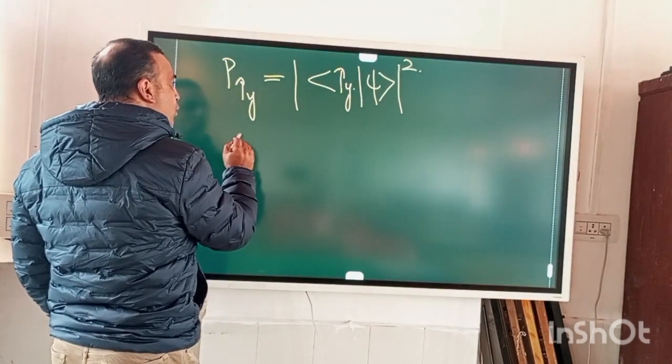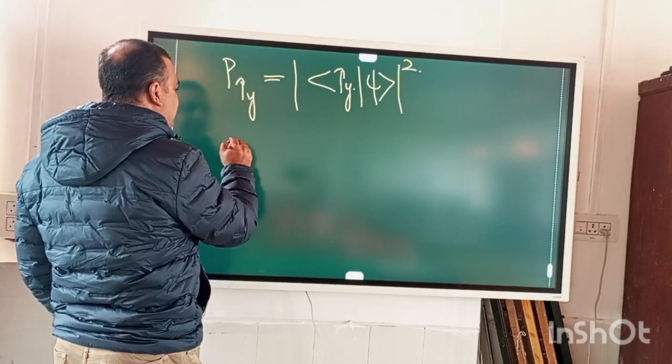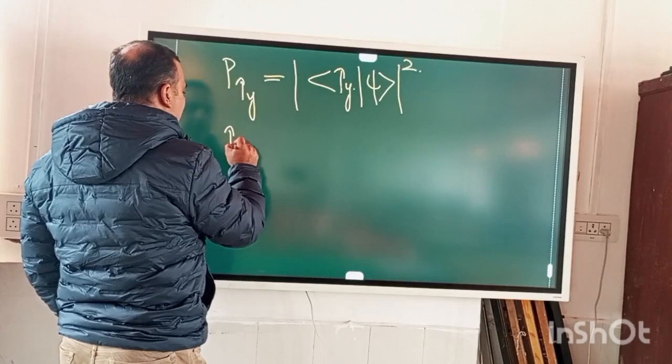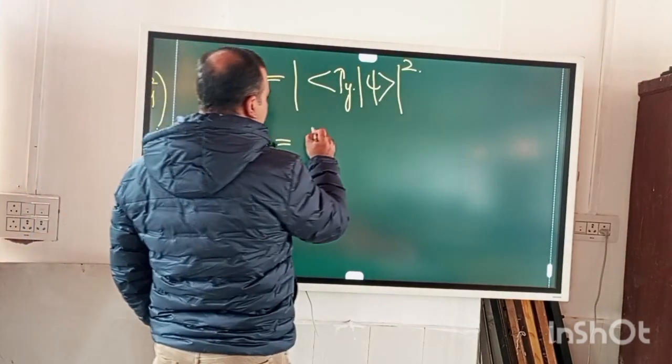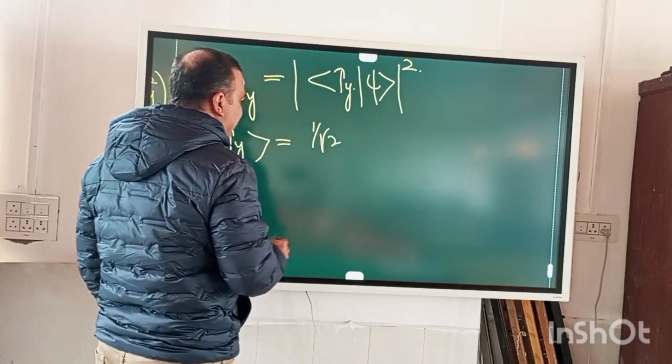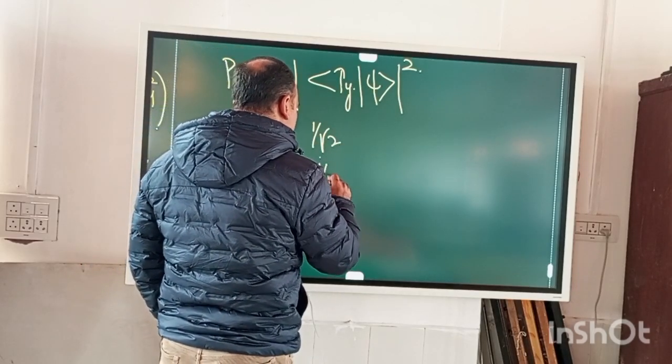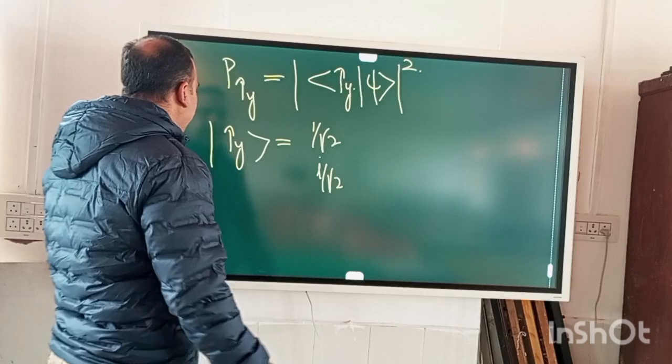As we know from our reference, spin up along y is 1 by root 2 and then i by root 2, and this is the ket.